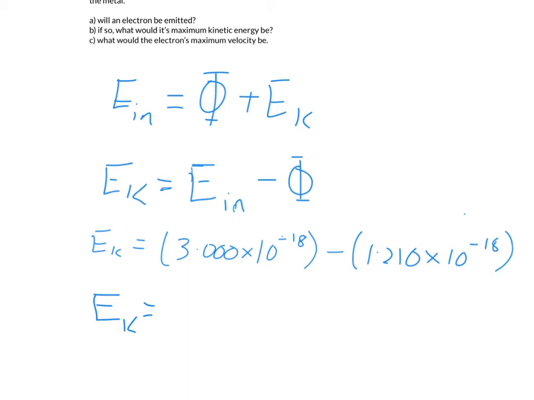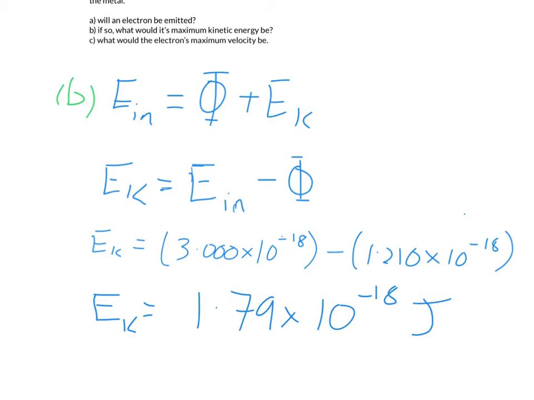When we follow it through to our answer, it will give us an overall result of 1.79 by 10 to the power of minus 18. This is a measurement of energy, so we're going to include our unit, joules. So this provides us with an answer to part B.